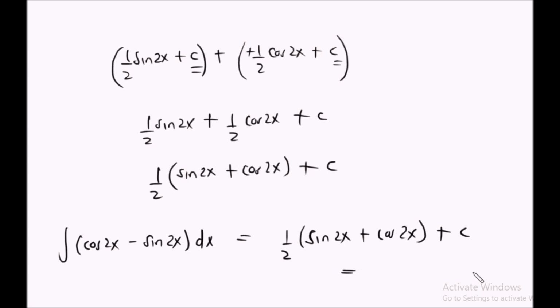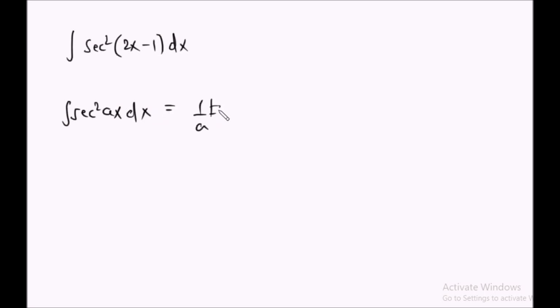Ndio faida ya standard integrals. So example 1, ile Roman 2, nataka to integrate sec squared of 2x minus 1 with respect to x. So kwenye ile tutorial generalized list of standard integrals 2 nikasema kwamba niki-integrate sec squared of ax with respect to x, jibu litakuwa tu ni 1 over a tan of ax plus c.